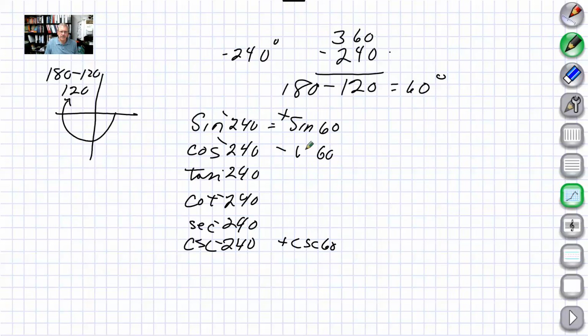Cosine, tangent, and so on. Okay, so does this make sense? These are only 2 positive. So this answer is going to come out positive. Sine of 60 is the same as the cosine of 1/2. I think that's radical 3 over 2.